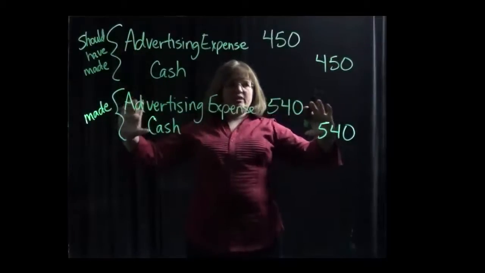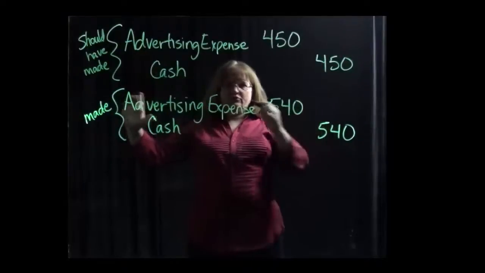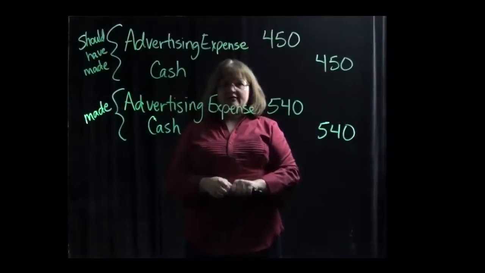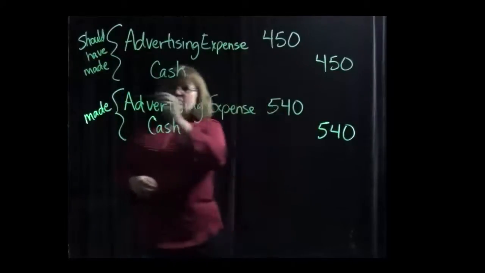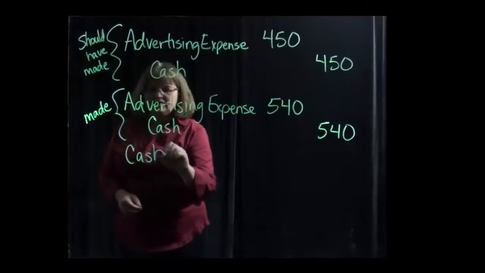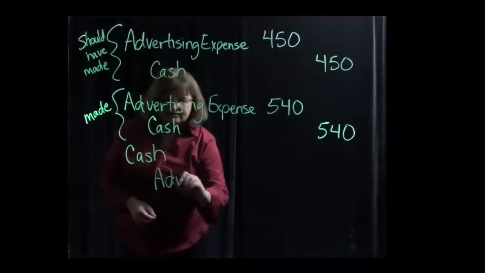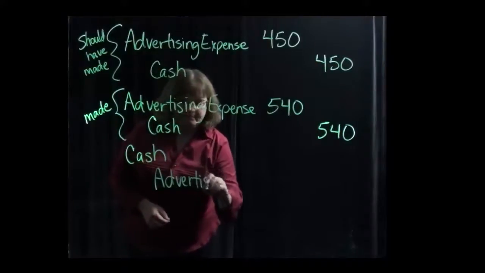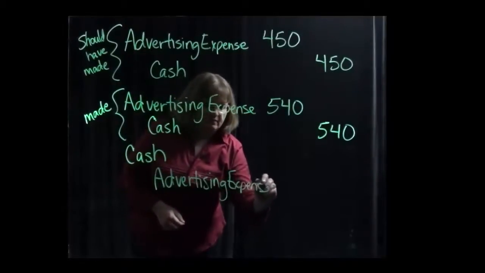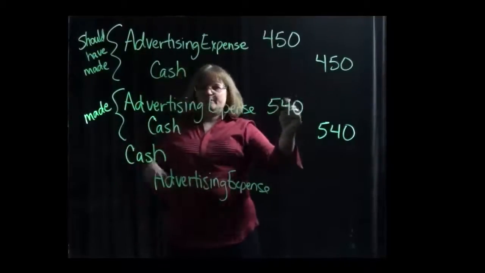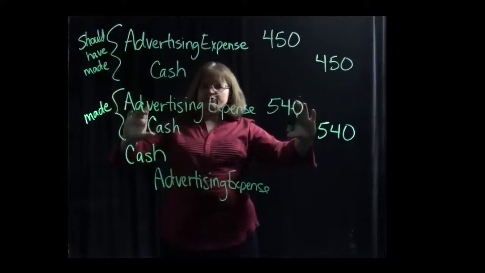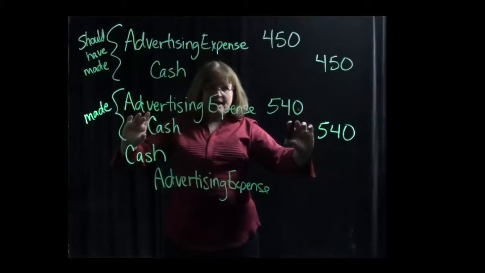So how do we get rid of that extra $90 worth of advertising expense and the extra decrease in cash of $90? The answer is we reverse part of this entry for the difference. So we're simply going to debit cash and credit advertising expense by the difference between these two amounts, because we were overstating advertising expense by $90 and we were understating cash by $90.